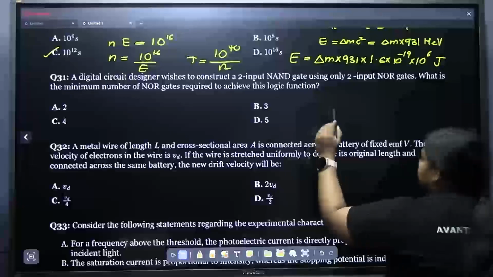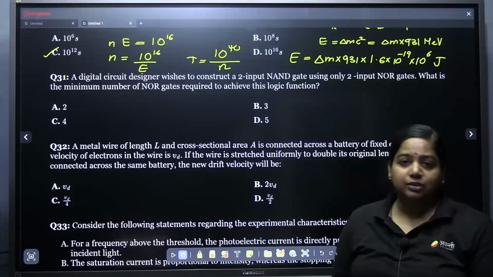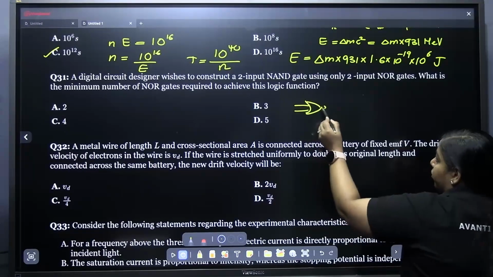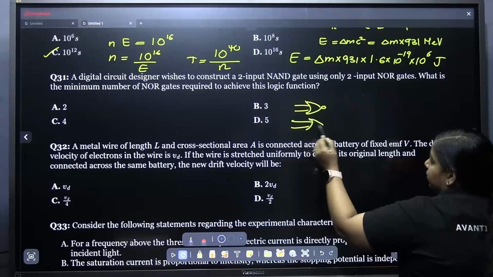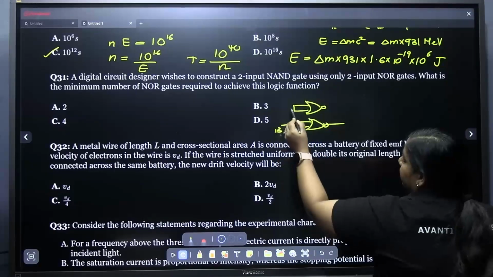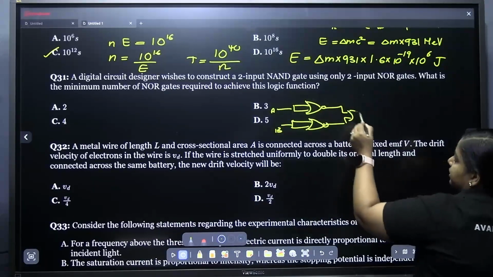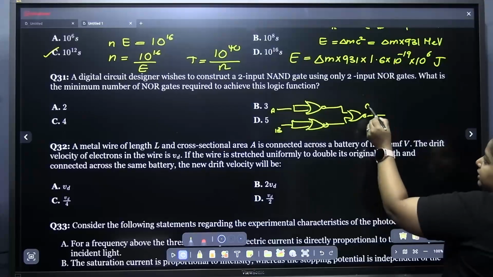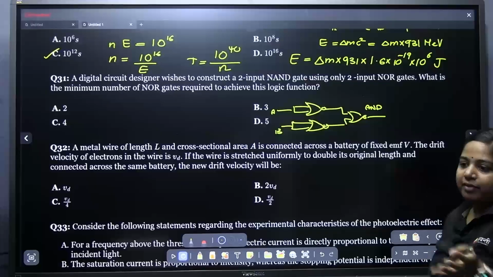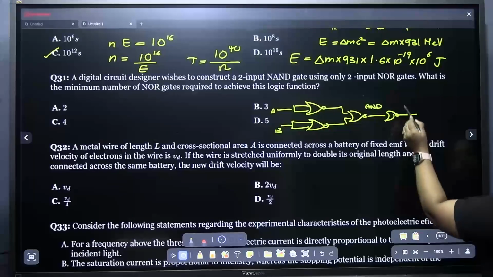Okay, so this you should basically know from semiconductors that we will be discussing tomorrow, that this connection of NOR gates gives us AND. So we will connect one more NOR so that we will get NAND.